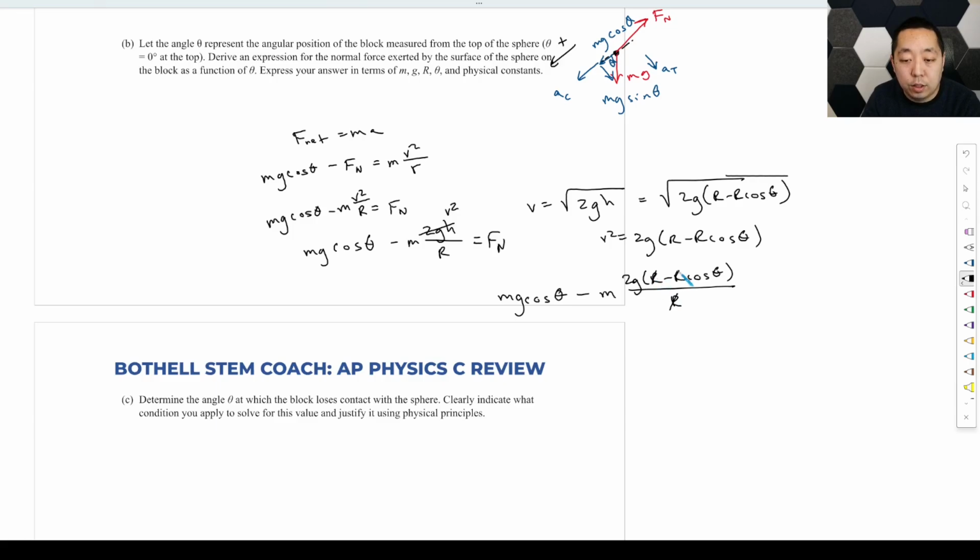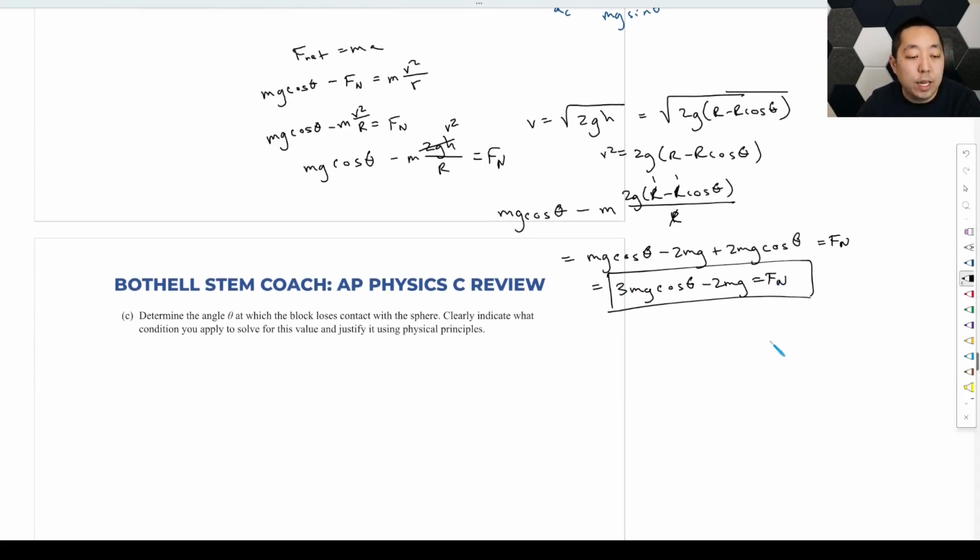You can cancel out those r's. This would be 1 minus 1 cosine theta, so it's mg cosine theta minus 2mg, plus 2mg cosine theta, because the minus makes it plus. If you want to simplify, it's going to be 3mg cosine theta minus 2mg. And that's going to equal your normal force.